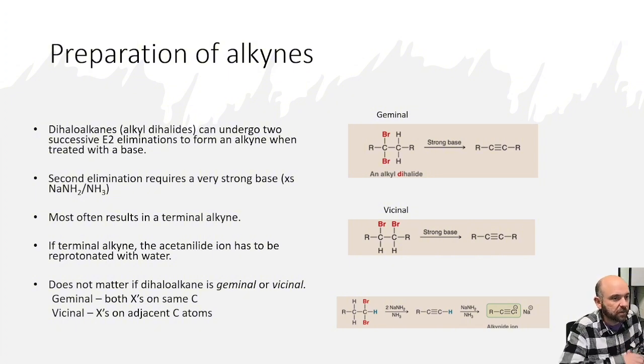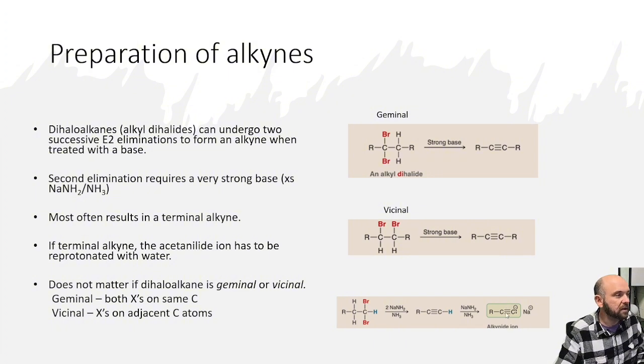We just learned in the previous slide that sodium amide is also a strong enough base to deprotonate the formed alkyne itself. So what we very often see in these reactions when we're making alkynes, we'll treat a dihalide with NaNH2, and the reaction will go so far that we end up with the alkynide ion.